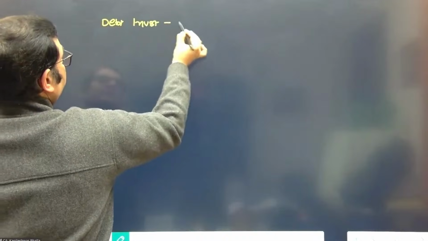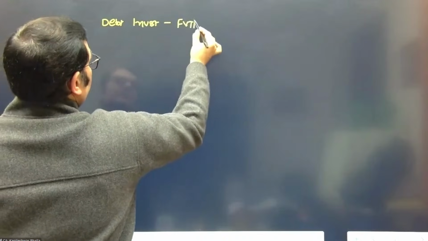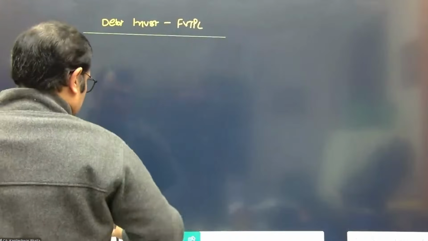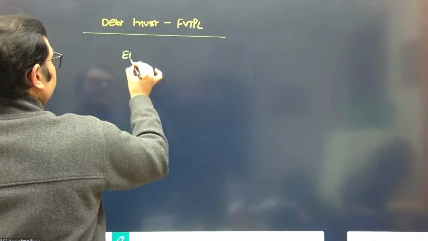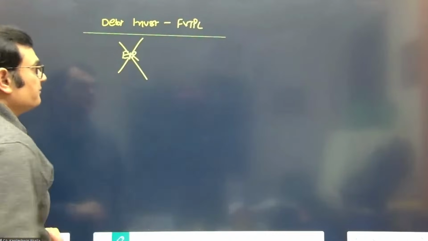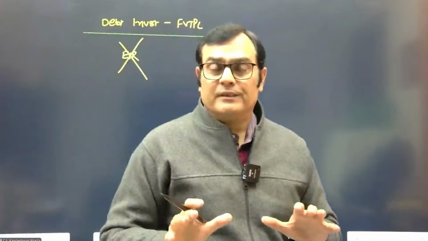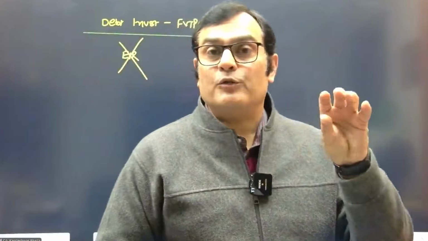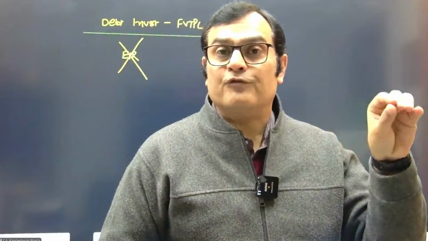So now we're looking at the third one, and that is a case of debt investments at FVTPL. So are you going to apply the concept of EIR in this particular case? No, sir. That's right. So can I say the only thing is you're going to capture the fair value changes in the P&L at the end of each year.